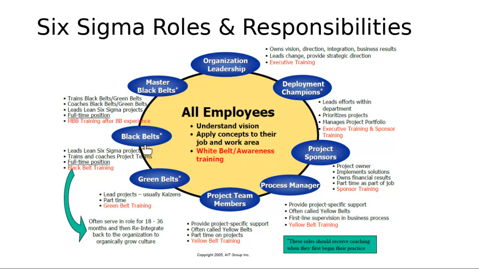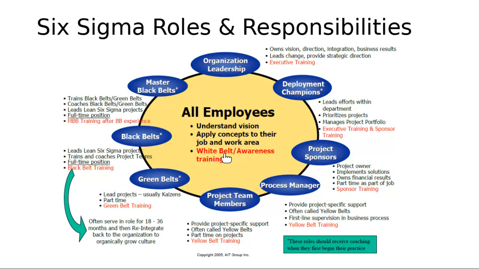So all you need to know is what the differences between them are, and what the job requirements are as specified here. All the other employees in the organization need to be aware of what Six Sigma is, and the awareness level is like the level you are going to achieve after finishing this chapter. This is the level they need to know about Six Sigma, and they are considered a white belt.